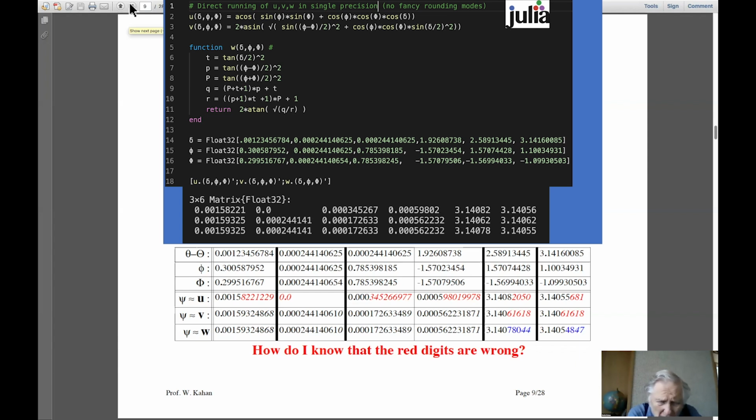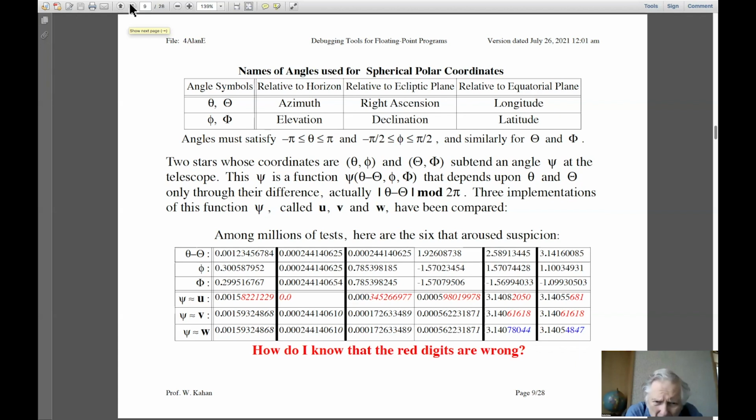But it turns out that it's the difference between the 2 theta values that really matter. So that's why there are only 3 rows that show us where theta and phi arise. And then the bottom 3 lines are the angles subtended at the telescope. That's psi. And they're computed in 3 different ways.